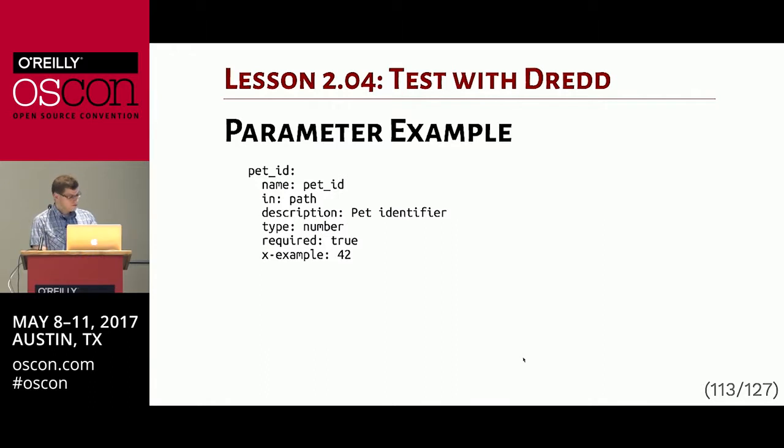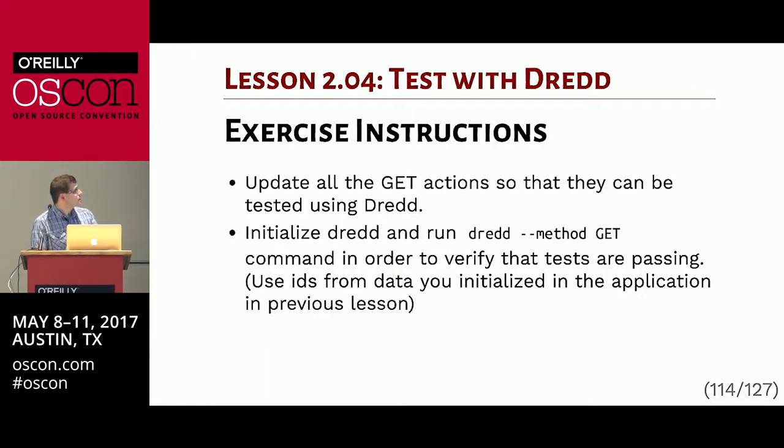Yep. So we'll do a quick exercise with Dread where you're going to go to your spec and update the get actions to pass values in the parameters that Dread either puts as default or the X example, so Dread would be able to find those. You would also need to do the Dread init first to be able to point to your server.